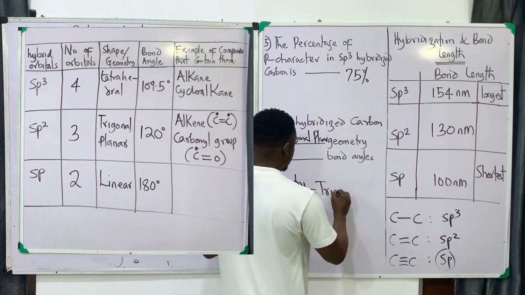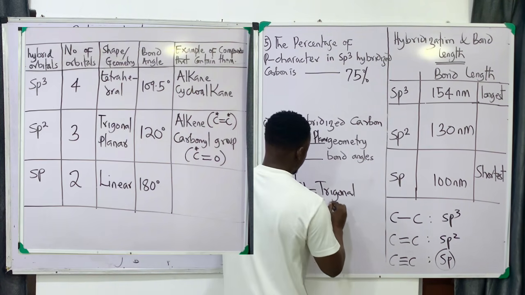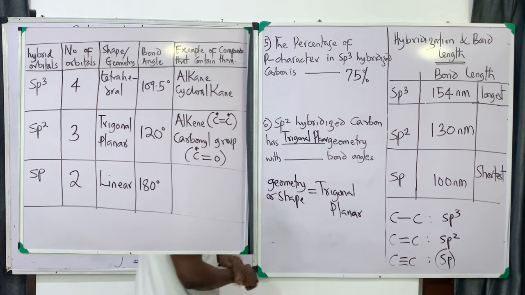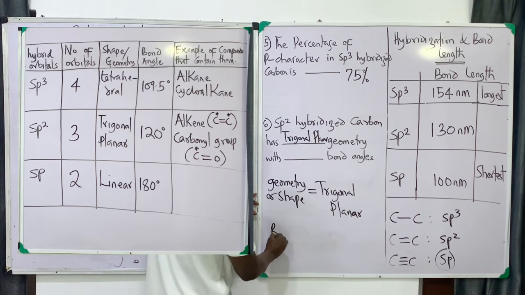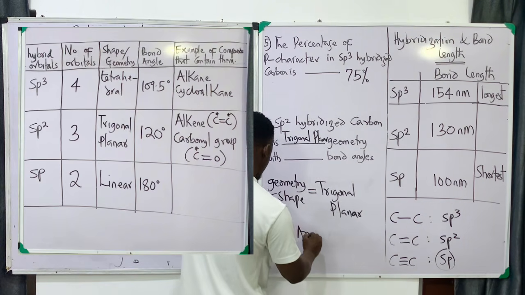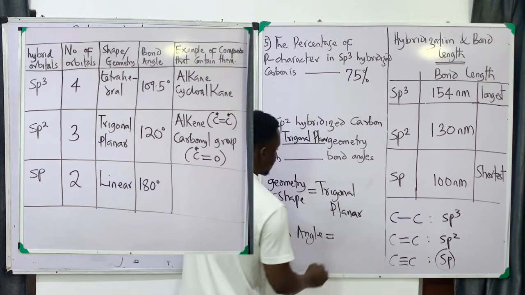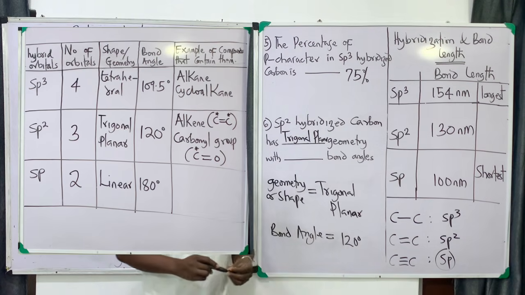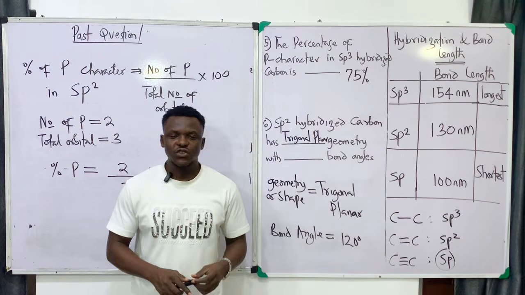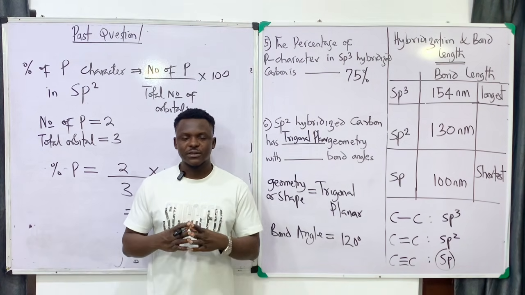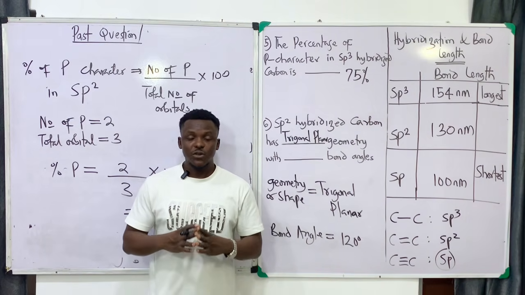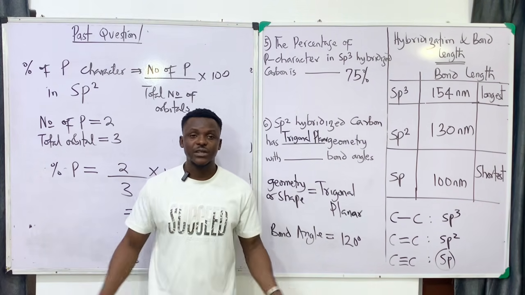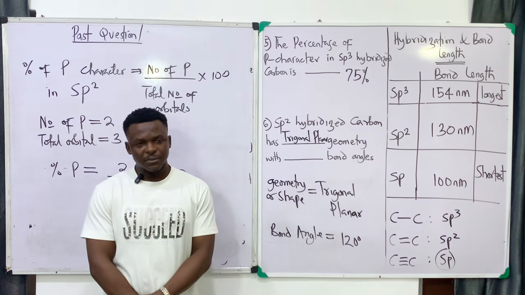So geometry equals trigonal planar, and bond angle equals 120 degrees. So once you understand the concept or rudiments of hybridization, any question at all you come across, you'll be able to answer it.